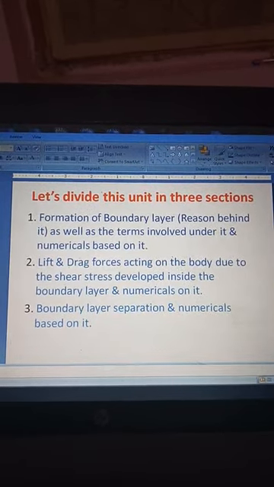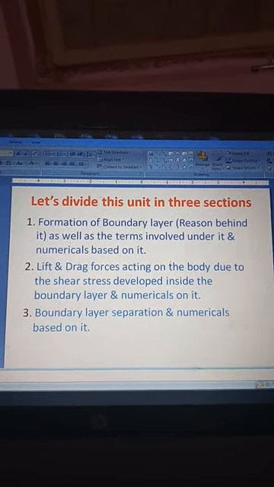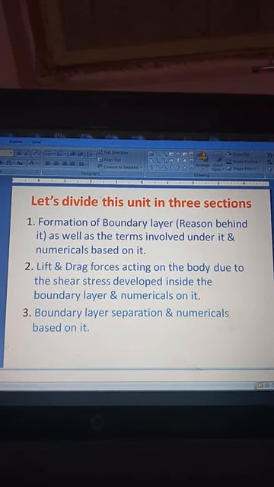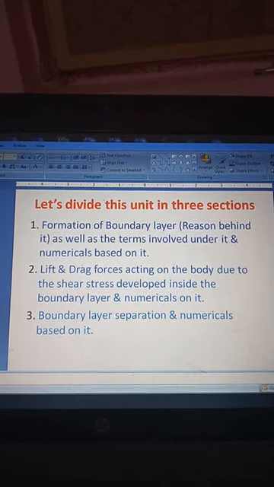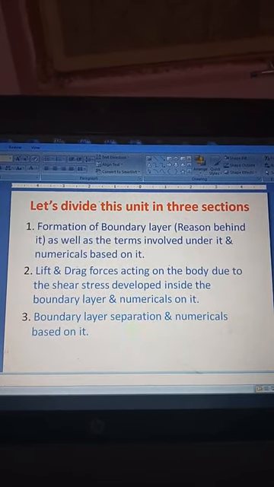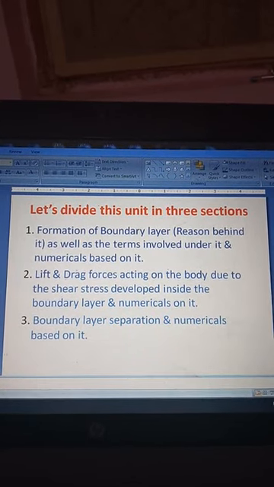I have divided this unit into 3 sections. In the first section, we are going to see the formation of boundary layer, the reason behind it, as well as the terms involved under that, and numericals based on the boundary layer theory.